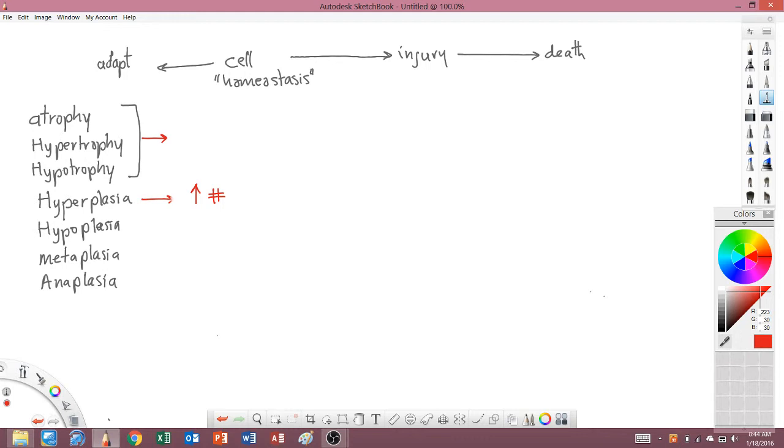Hypo means less. A means without. So A is the severe form. Atrophy is severe. A in Latin means without, or an extremely severe form of it. Hypotrophy means small shrinkage: size changes a little bit, and metabolic activity decreases a little bit. Atrophy means the severe form. And think of atrophy always in skeletal muscles.